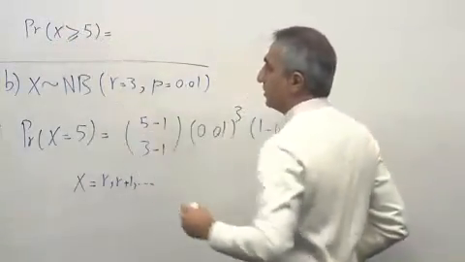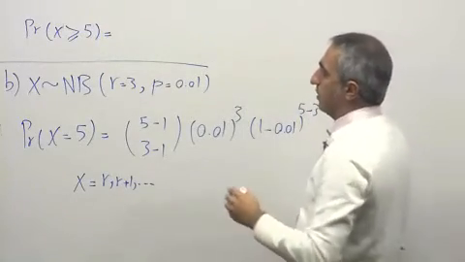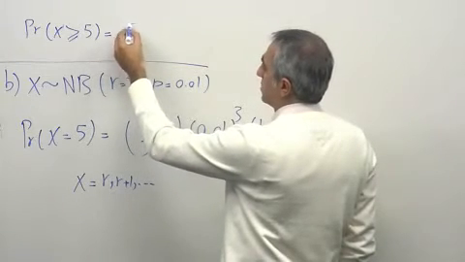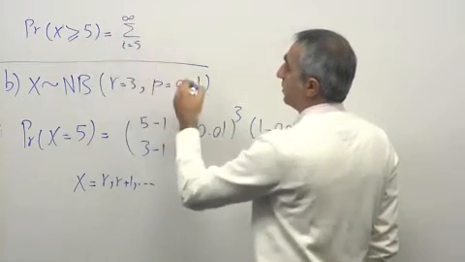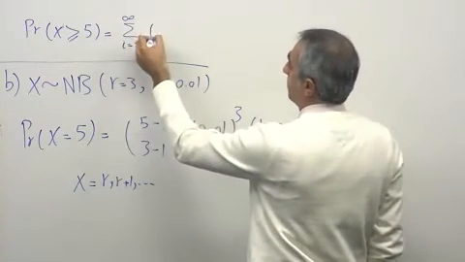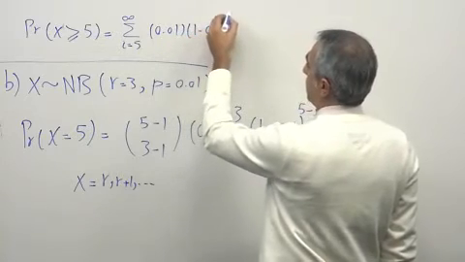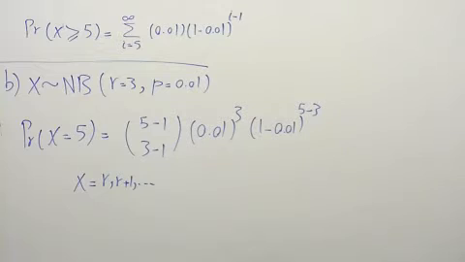Because it says at least, it should be greater than or equal to 5. So it's basically the summation of i from 5 to infinity of p times (1 minus p) to the power of i minus 1. That's correct.